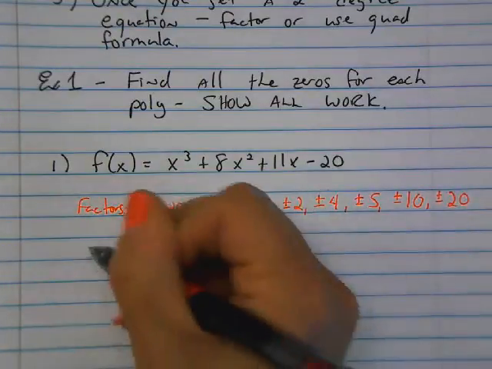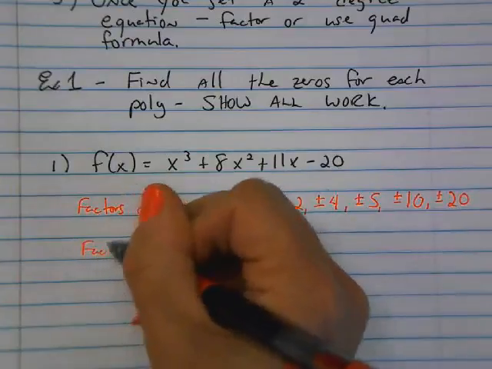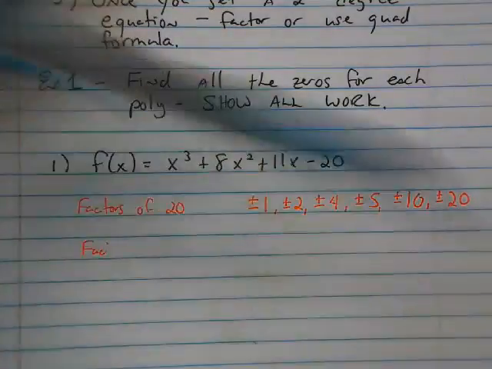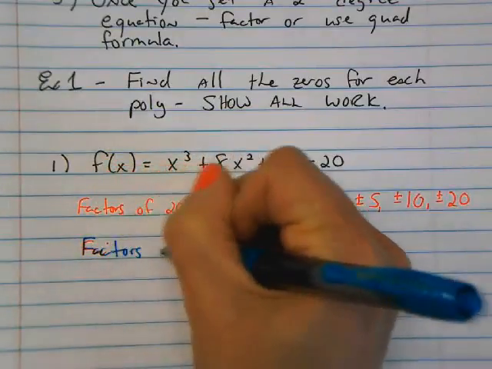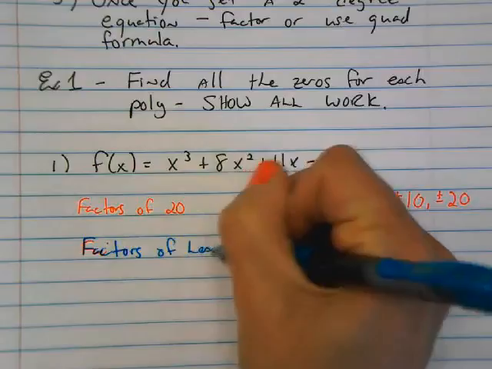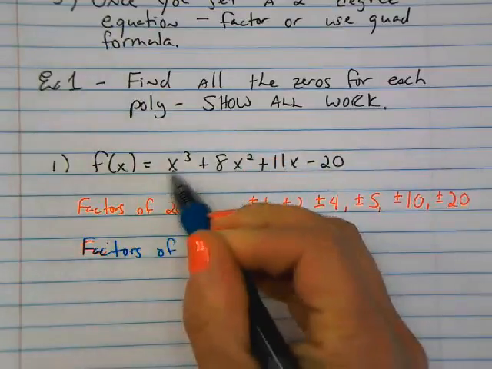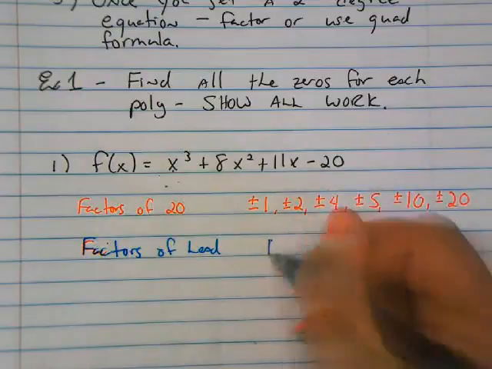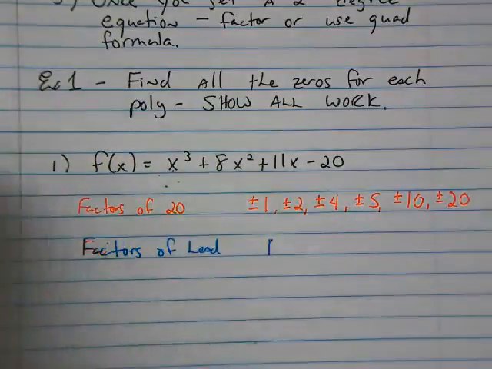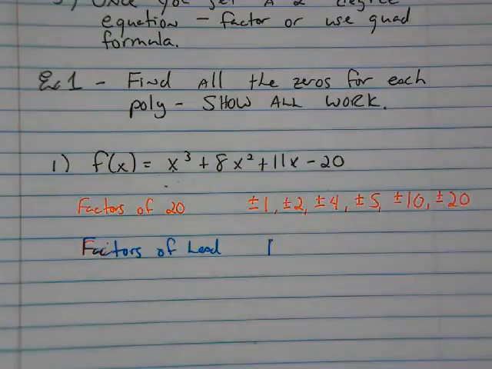And the factors of the lead coefficient. Well, the lead coefficient is a 1, which is wonderful, which means my possible roots really are my factors of 20.